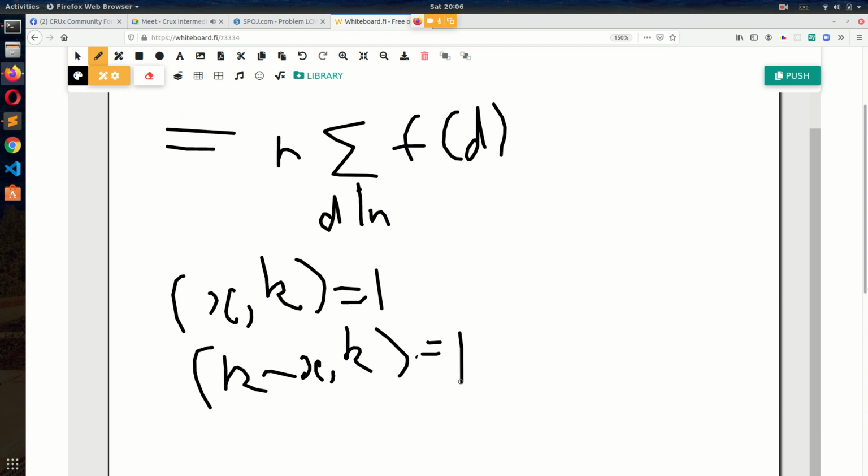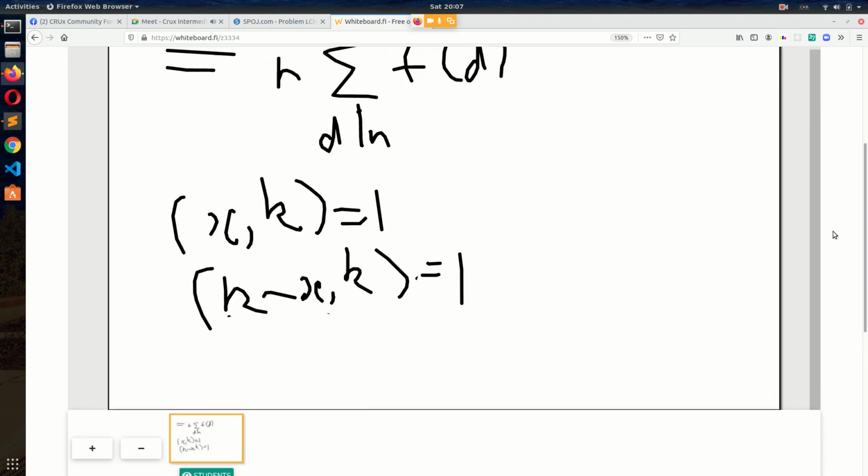The GCD would be 1 again, because if the GCD was some value d, then we could divide both with d. Then k is divisible by d, so this value would also be divisible by d, and that means x would have to be divisible by d, and that means the GCD between those two elements would become d, and that's not possible because we stated that x and k have a GCD equal to 1.